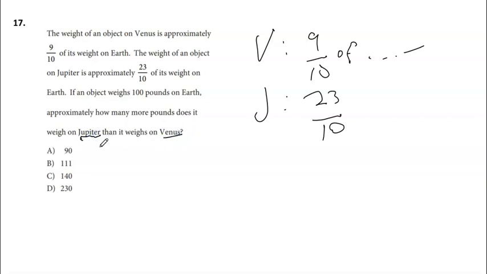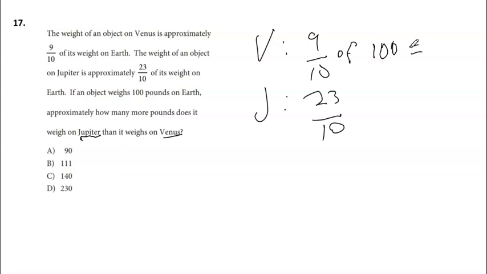So here we're going to find a difference, right? So here, 9/10 of the weight on Earth is what we're going to find, right? This is going to be 90, right? All we do is replace the "of" here with the multiplication sign, right?